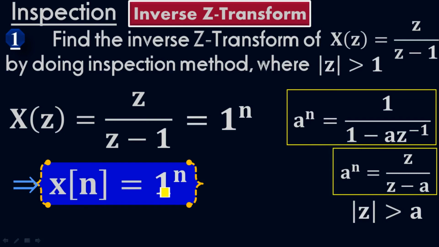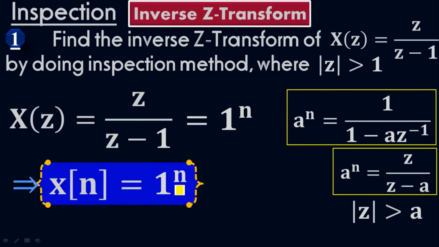Here the signal is in the time domain. So we applied the inverse Z-transform by using the inspection method to shift the signal from the frequency domain into the time domain. Now the signal is in the time domain, x(n). x(n) is the notation of the time domain. So x(n) = 1^n. 1^n is my signal in the time domain.